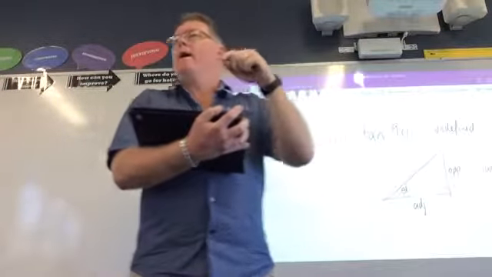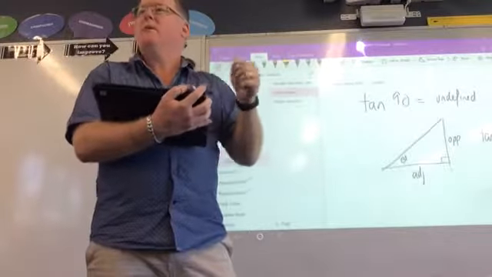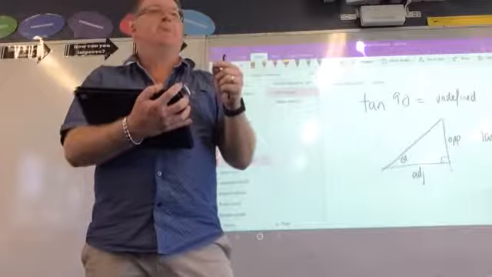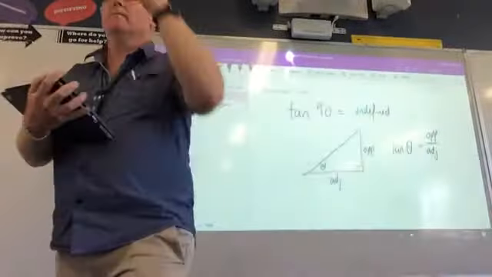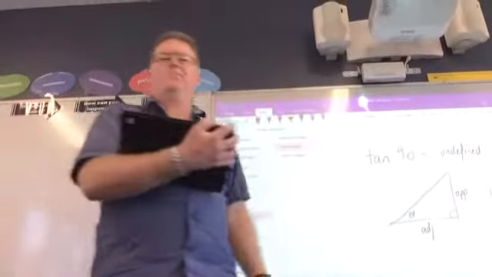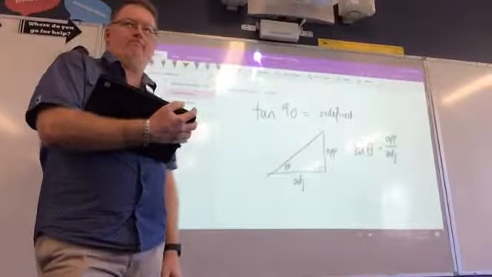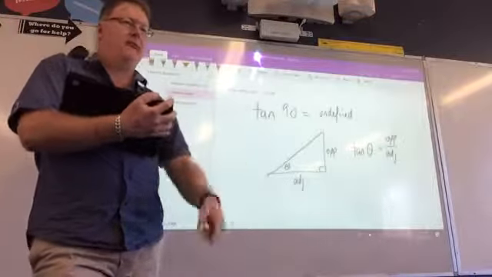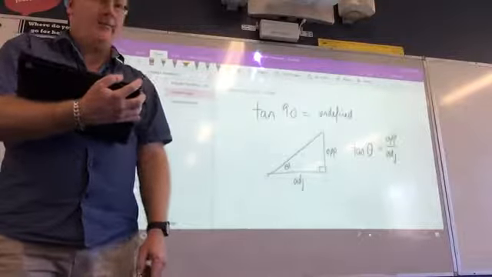Good luck with that. Okay, so what's the tan of 45? 1. So what does that tell you? If the tan of 45 is 1, what does that tell you about this triangle? Nothing? Go, guess. The two sides are the same. Exactly right.